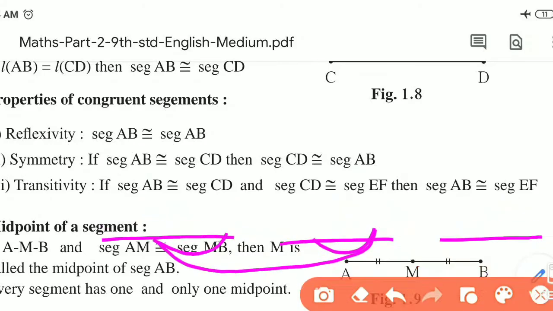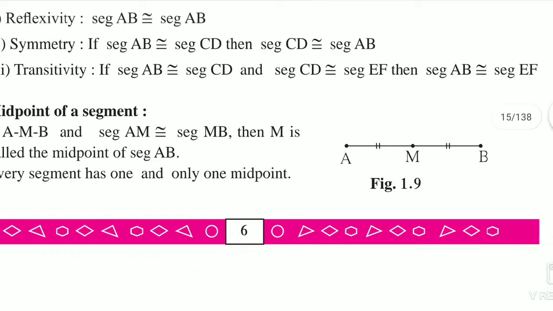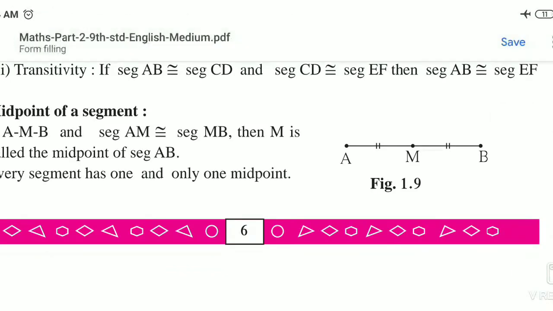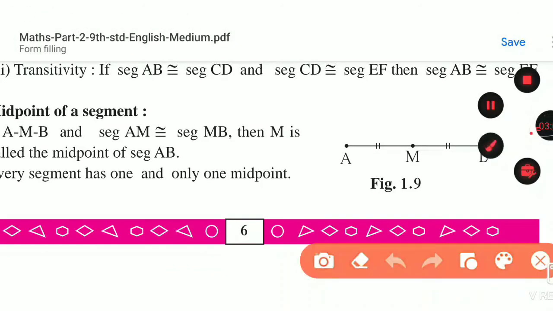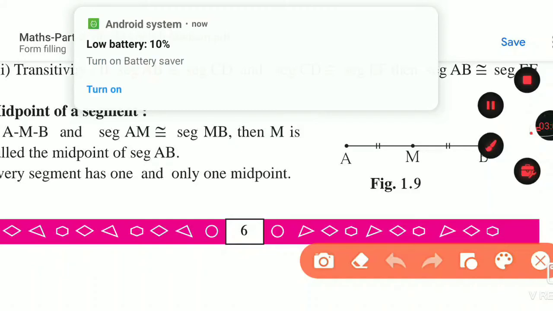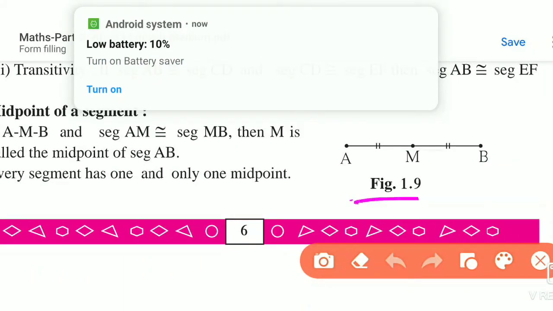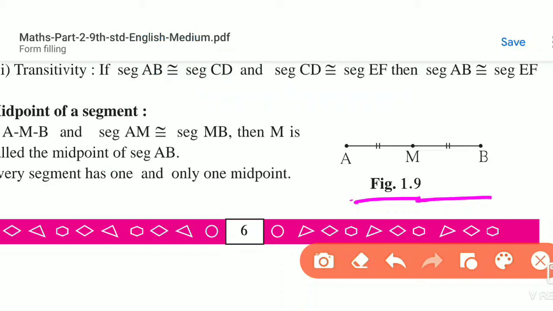Okay, after that we will see the midpoint of a segment. So what is the midpoint of a segment? If you see, M is a point such that seg AM is congruent to MB, then we say that M is the midpoint of AB.